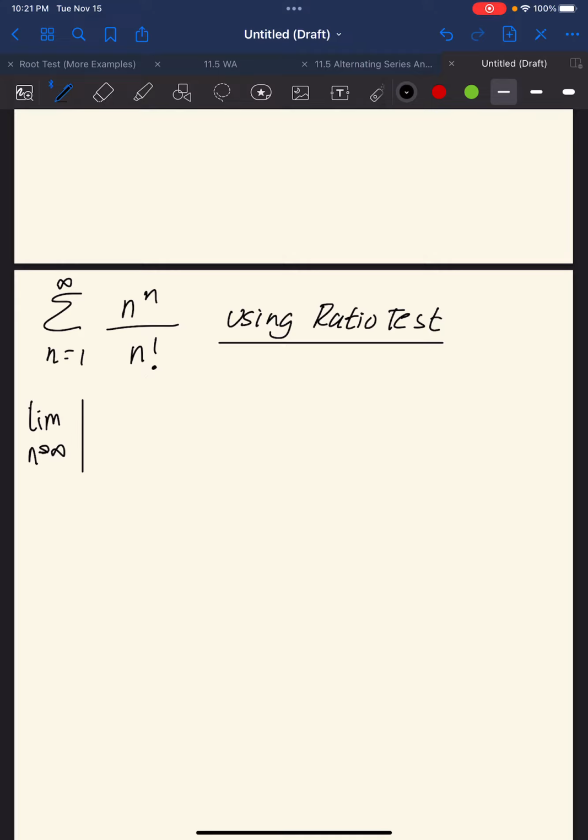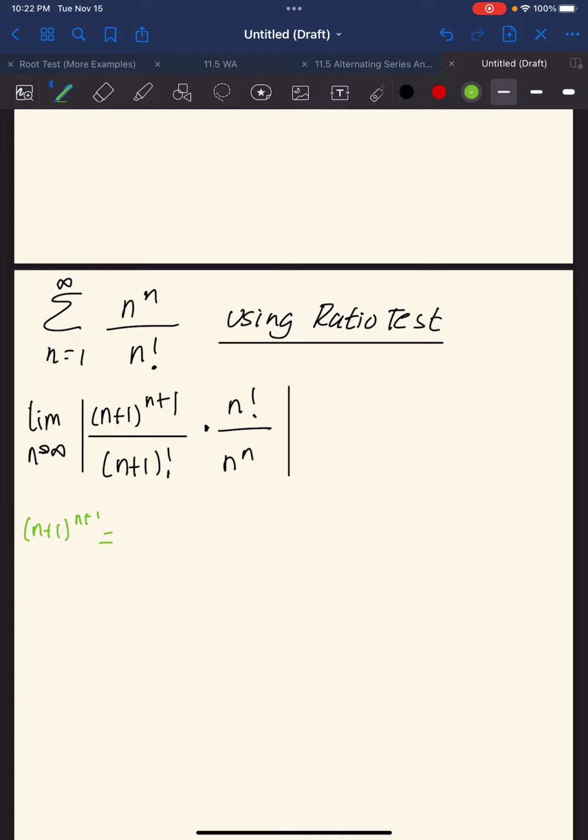So our a sub n plus 1 would be (n plus 1) raised to the n plus 1 over (n plus 1) factorial, multiplied by the reciprocal of n factorial over n to the n. So that's our limit.